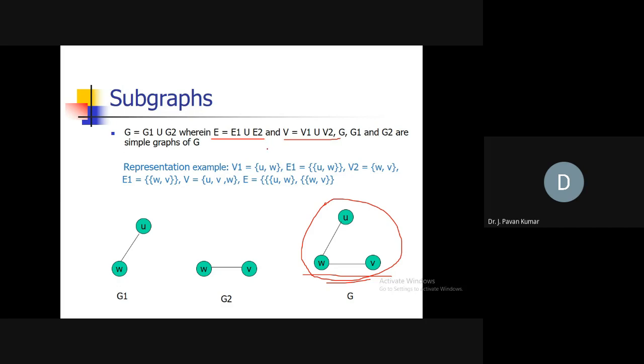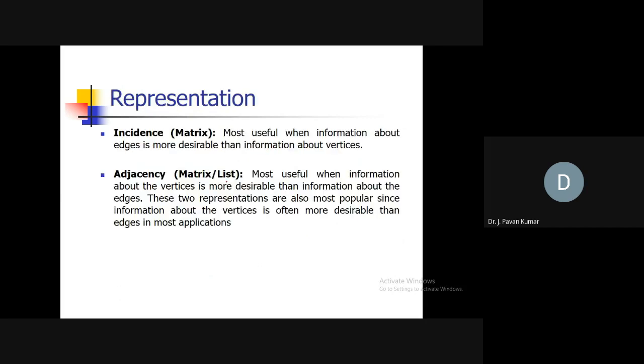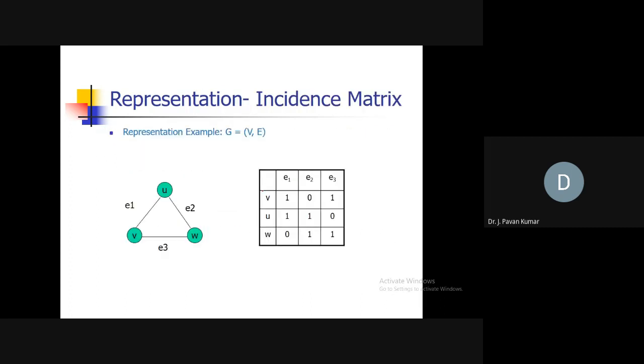Next, we can represent a graph by using several representations, like matrix representation and list representation. In the matrix we have two forms: incidence matrix and adjacency matrix. The incidence matrix is like this.